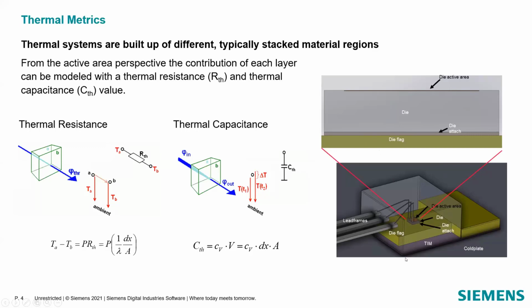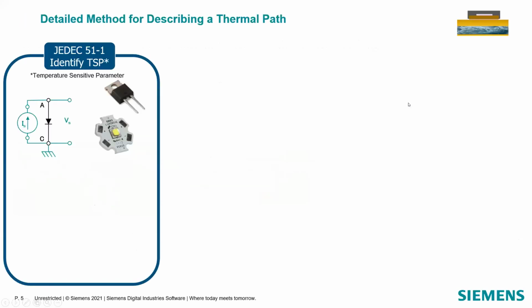That's the end of the package. Then we use the thermal interface material and the heat sink in a very, very simple case. So what we're trying to do is give an understanding of the thermal resistance and the thermal capacitance of these individual layers, and basically the contribution of these layers to the entire thermal budget.